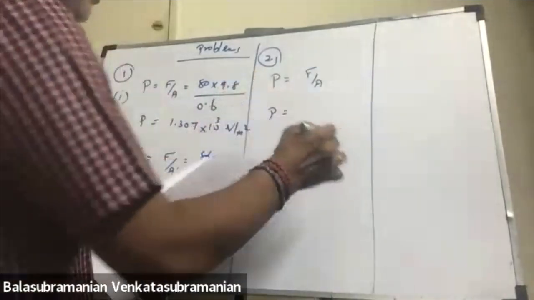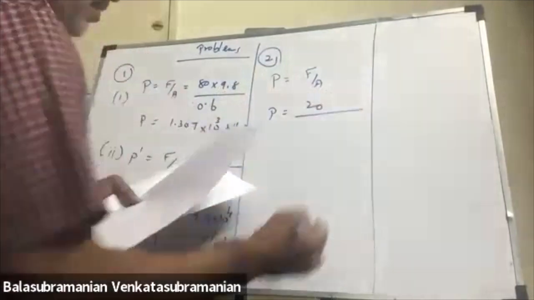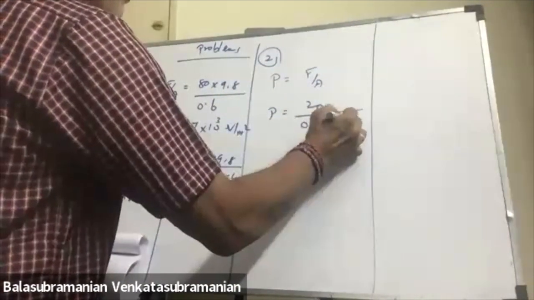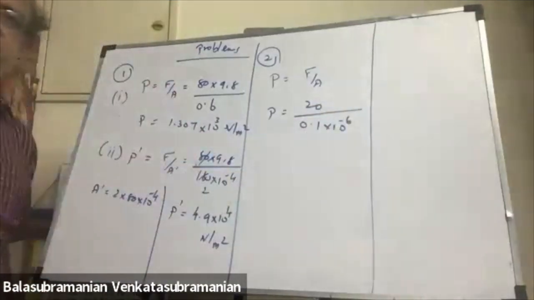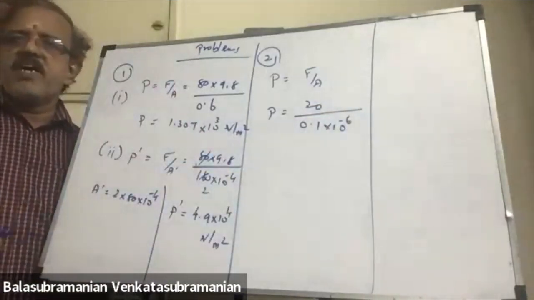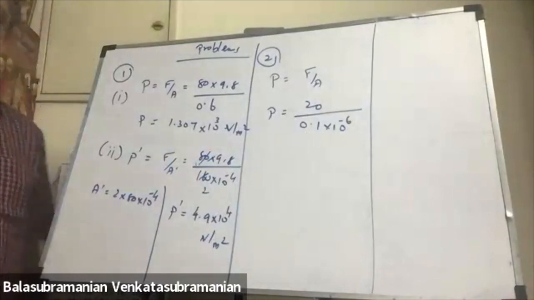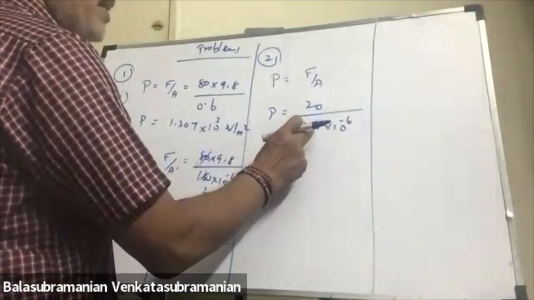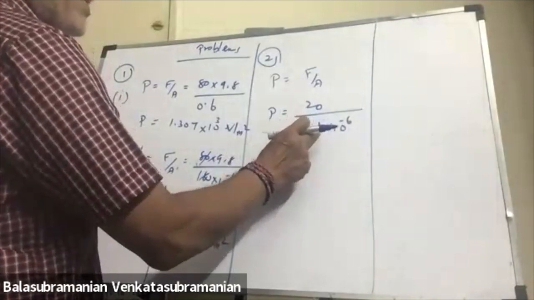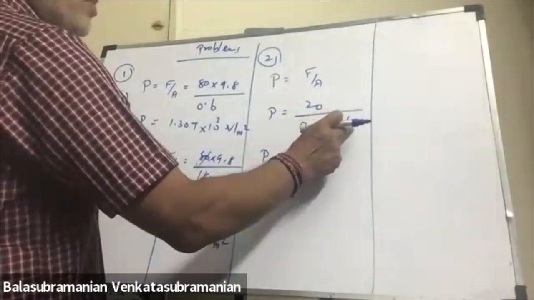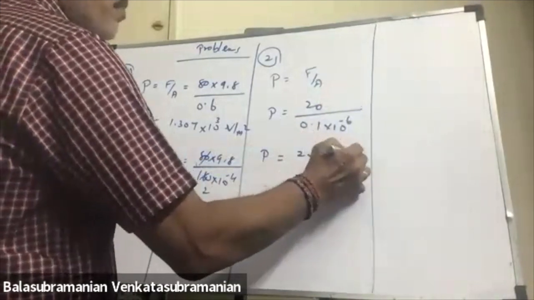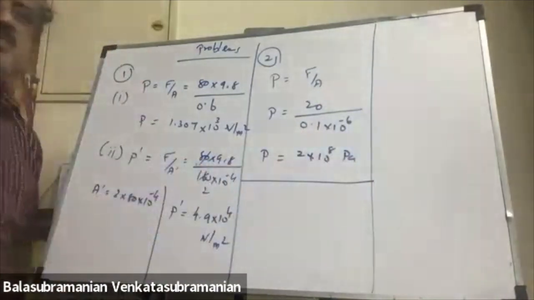Millimeter means 10 power minus 3, square means 10 power minus 6. So 0.1 means 1 into 10 power minus 1, giving 10 power minus 7. So the pressure is 2 into 10 power 8 Pascal.